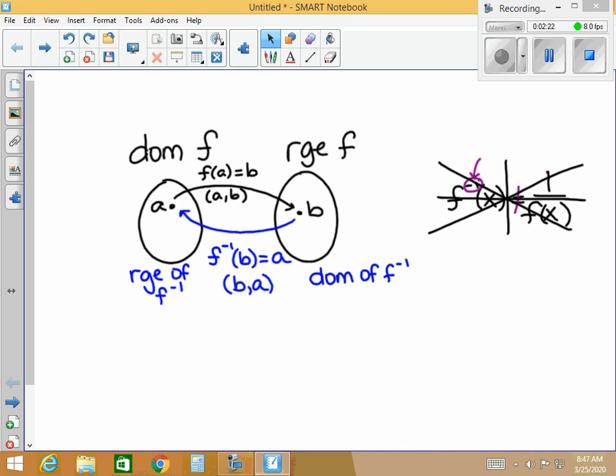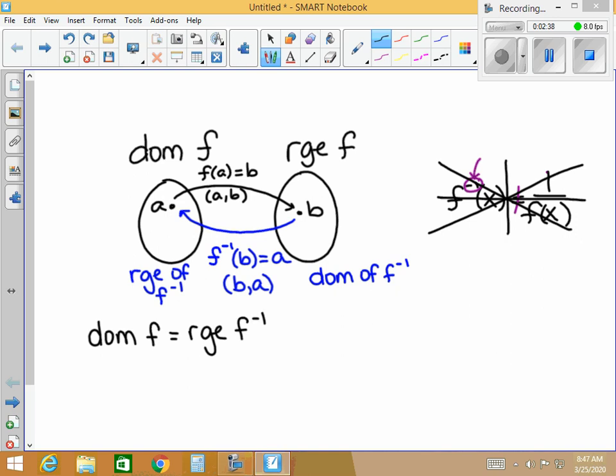Some relationships that we have between a function and an inverse are these things that we have up here in black and blue. The domain of f is the same exact set of numbers as the range of f inverse. The other piece is true as well.